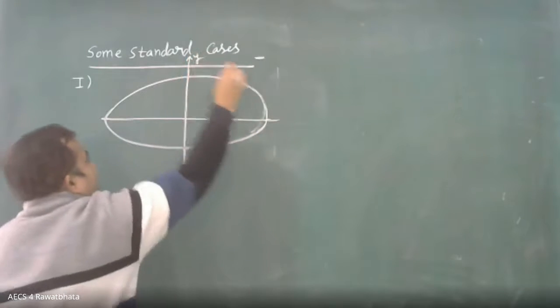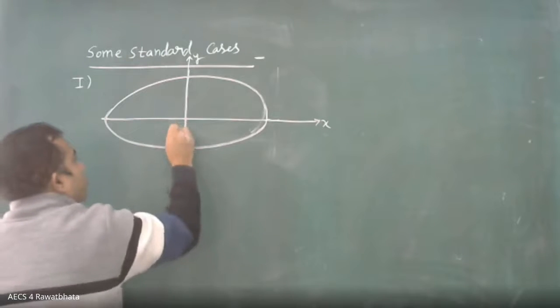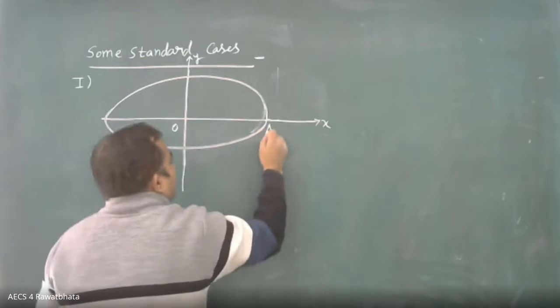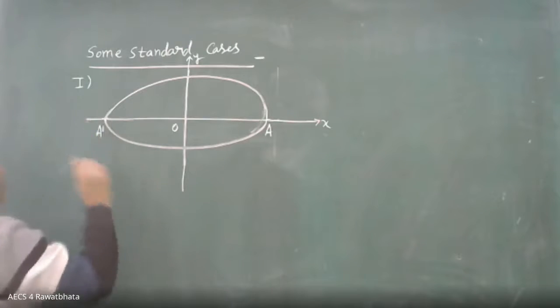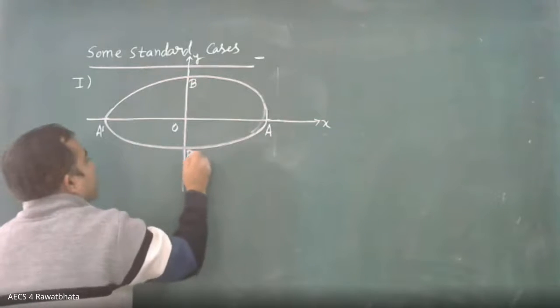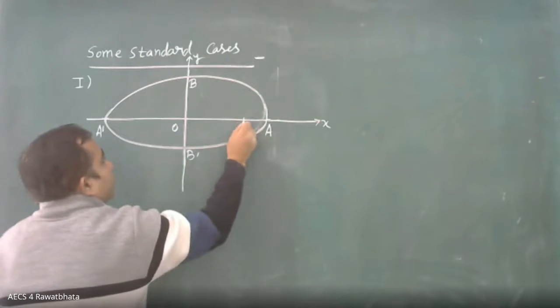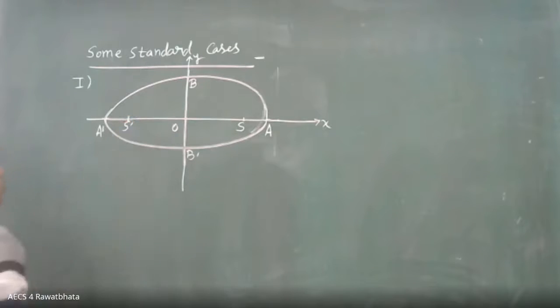This is the y-axis, this is the x-axis, this is the origin, A, A dash, B, B dash, focus S, and another focus S dash.